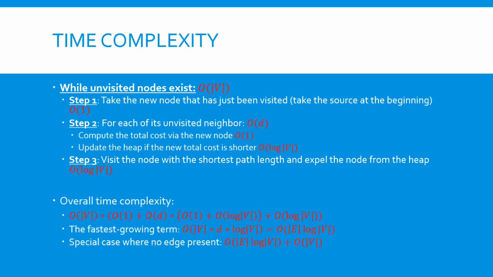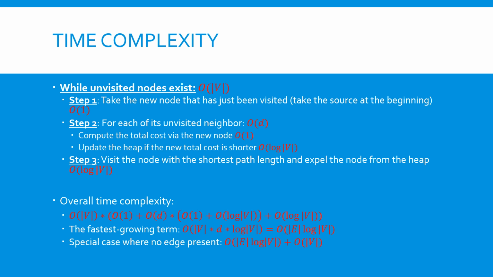We mark the time complexity for each step here. First, because each pass of the algorithm visits one node, and we have V nodes to visit in total, the algorithm will run V passes in total. Then, taking the node that is just visited needs O(1) time.